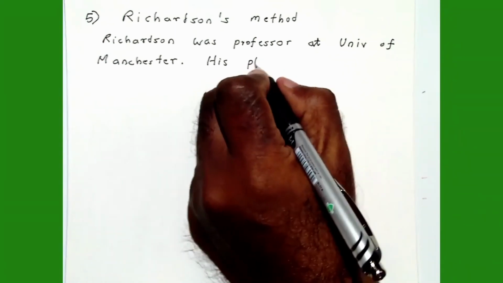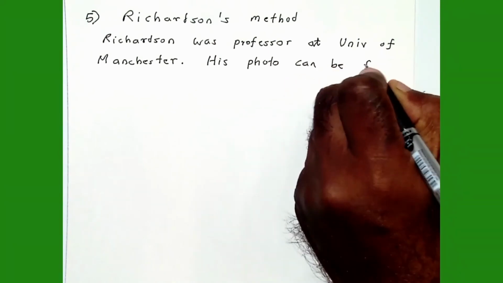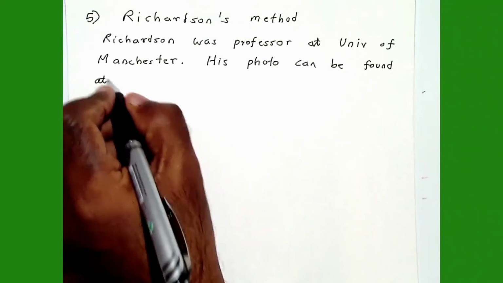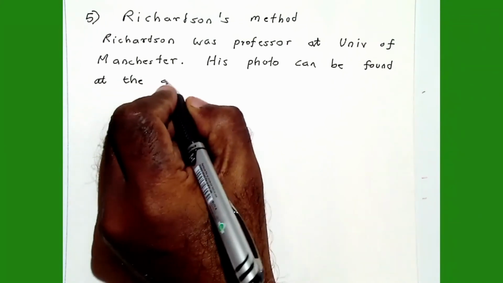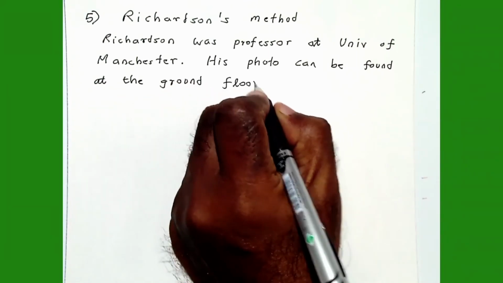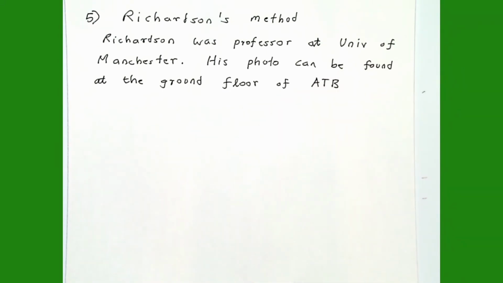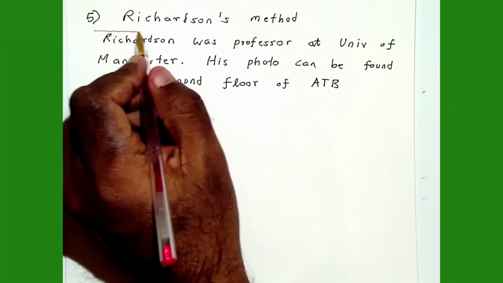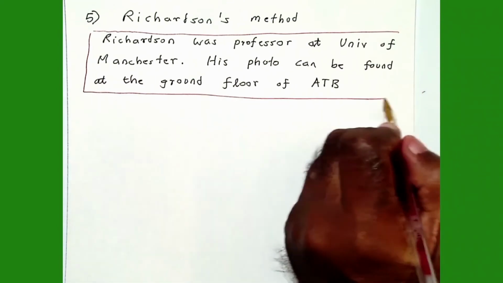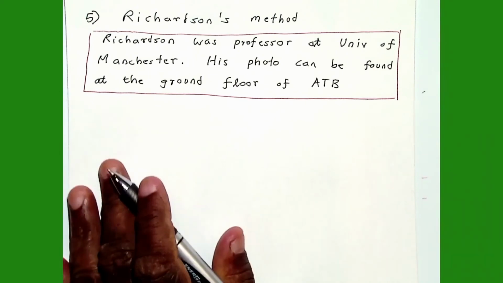His photo can be found at the ground floor of the ATB, Alan Turing building, right? So next time you go to the Alan Turing building, you may be able to see the picture of Professor Richardson. So this method is named after him, right?